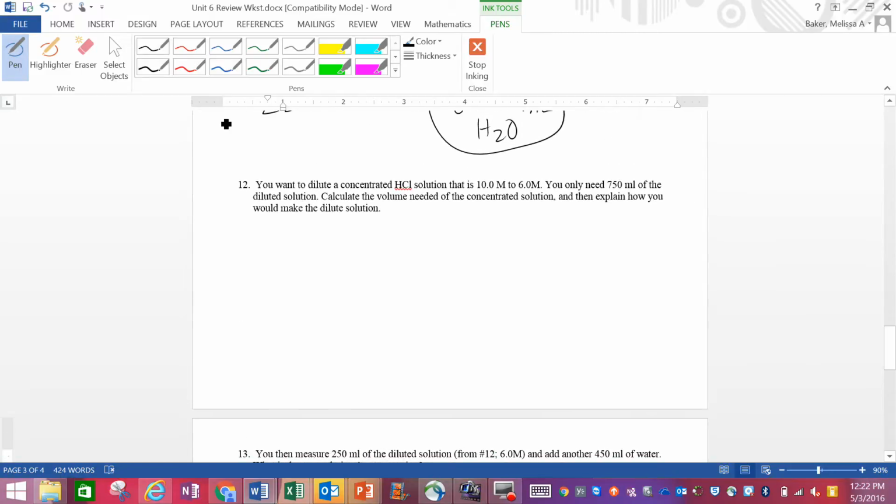Another dilution one. If you see dilution or dilute, then you know what equation you're using before you even read on. It says you want to dilute a concentrated solution of HCl and take it from being 10 molar to 6 molar.